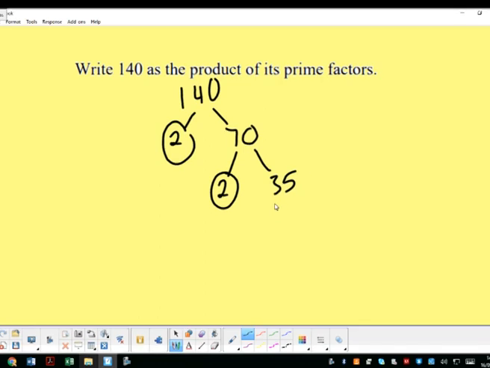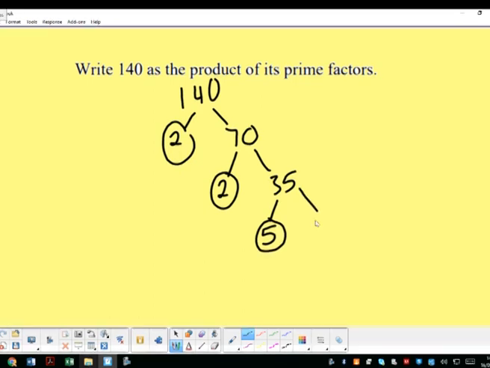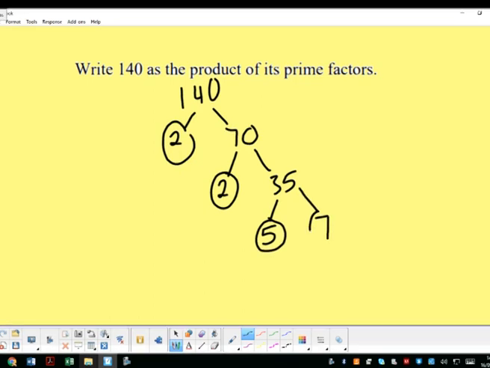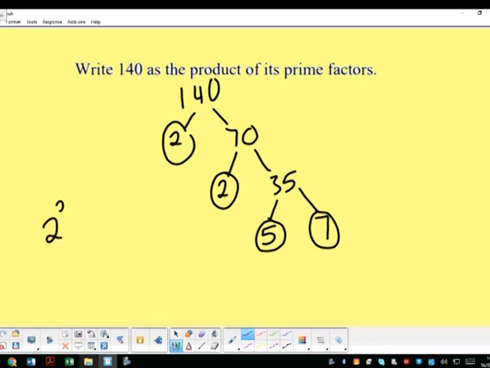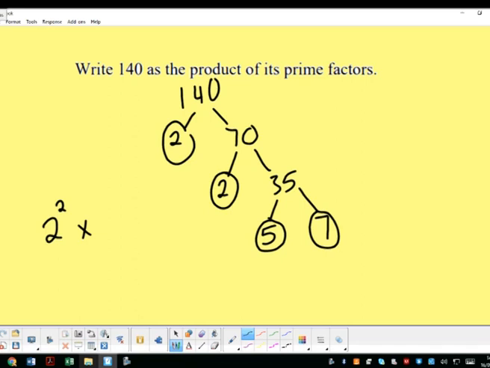But if it ends in a 5, we can divide it by 5. 35 divided by 5 is 7, which is a prime number. So our final answer here, we've got 2 2's. So we write 2 squared times 5 times 7.